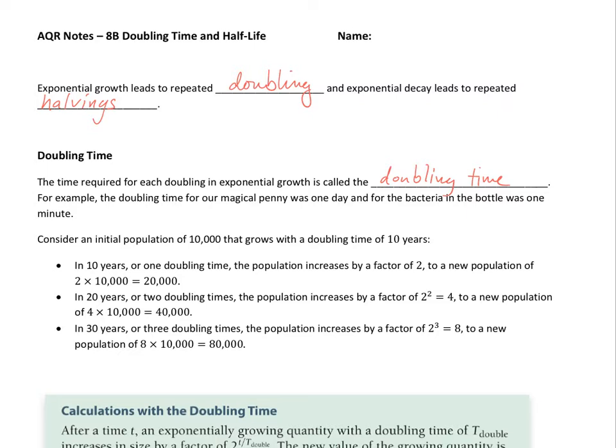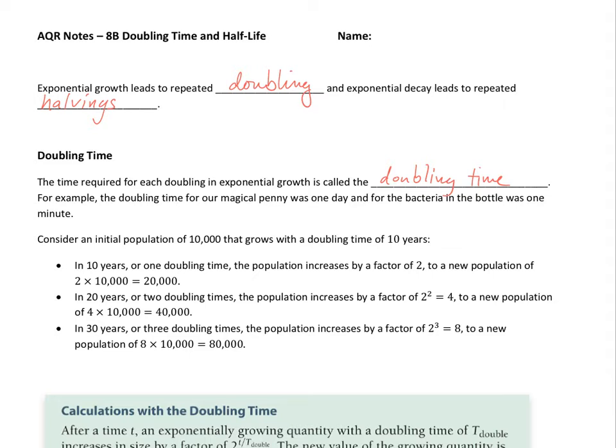The population increases by a factor of 2 squared, which is how we get the 4 for 40,000. Following the pattern, in 30 years, or 3 doubling times, the population increases by a factor of 2 to the third power, meaning we would have a population of 80,000 people.